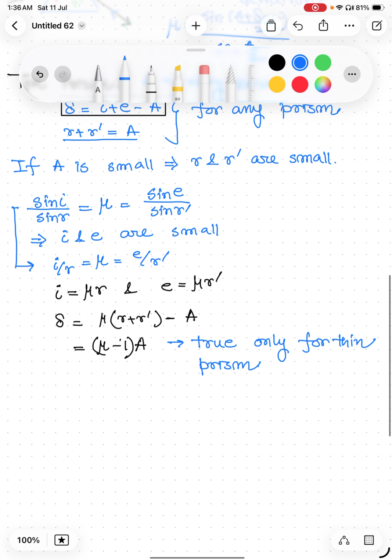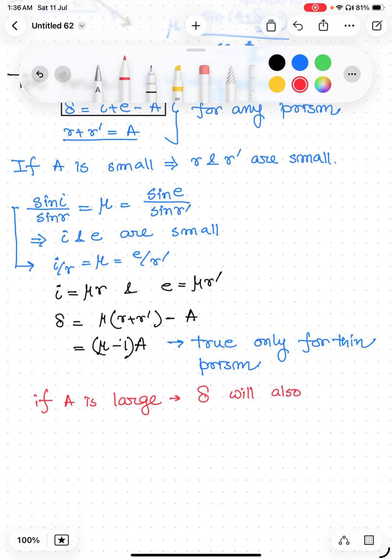But the conclusion that we are going to derive from this, that if A is large, delta will also be large, is true for any prism.